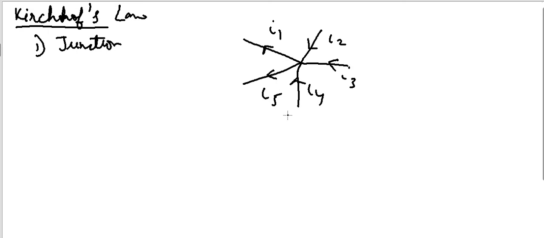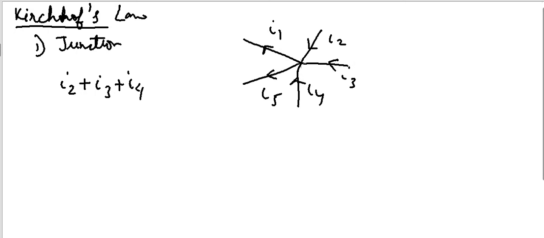So Kirchhoff's junction law says that the sum of all currents which is going in is equal to the current which is going out. The currents going in are I2 plus I3 plus I4.